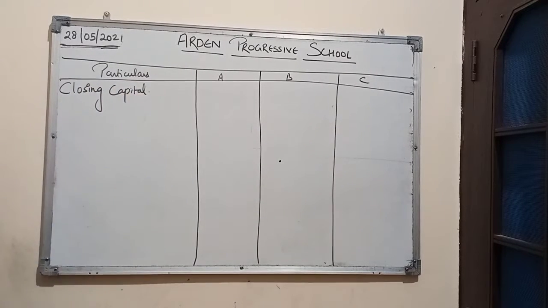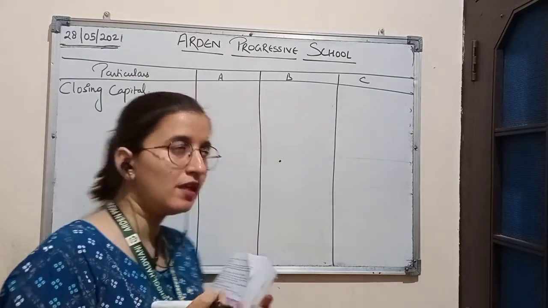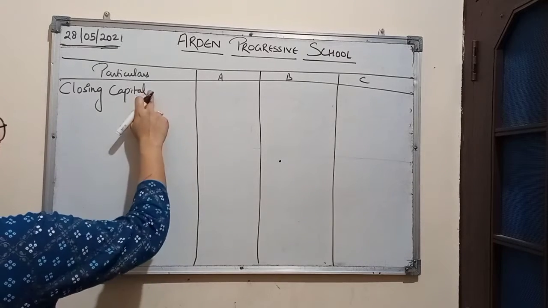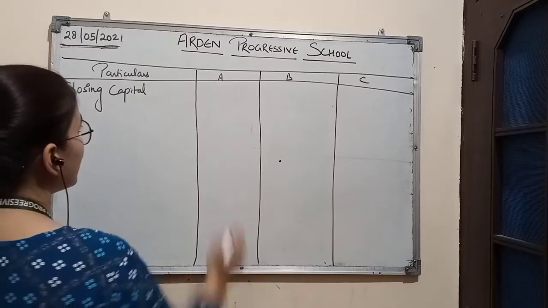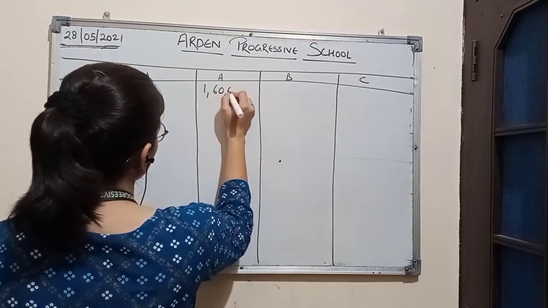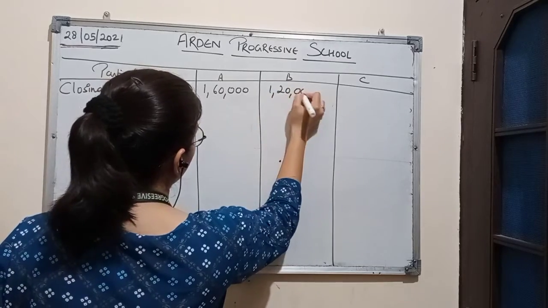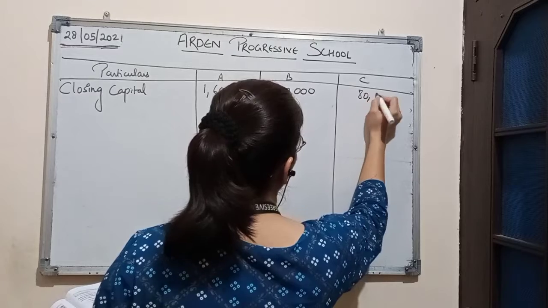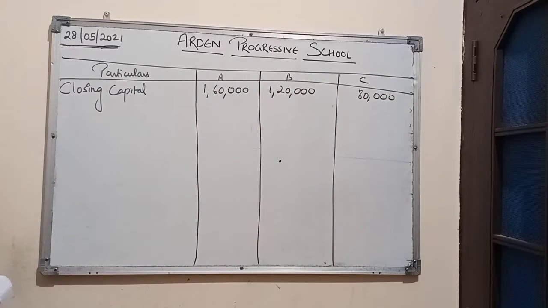As we know, when we calculate the closing capital, we do the calculation with opening capital, and now we have to find out opening capital, so we will be doing the calculation from closing capital only. So closing capital of A is rupees 1,60,000, B is rupees 1,20,000 and C is rupees 80,000. So this is the closing capital of all the three partners.